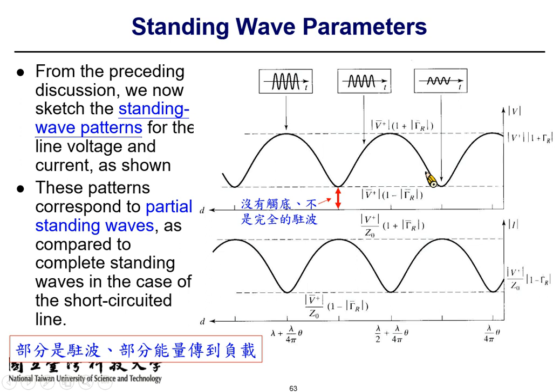So V maximum divided by V minimum will be 1. So the standing wave ratio SWR equals 1 if the termination is a matched load. Which means all the incident power is delivered to the load, and there's no reflected power. So no standing wave if you have a matched load.